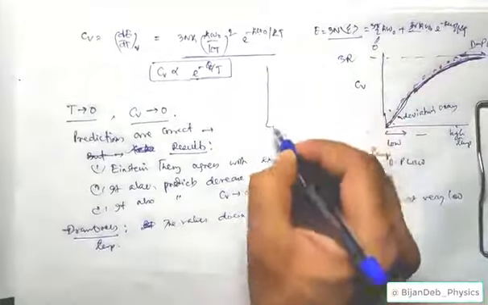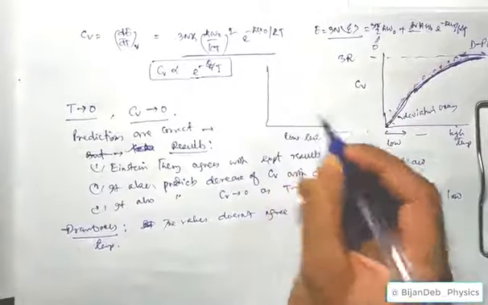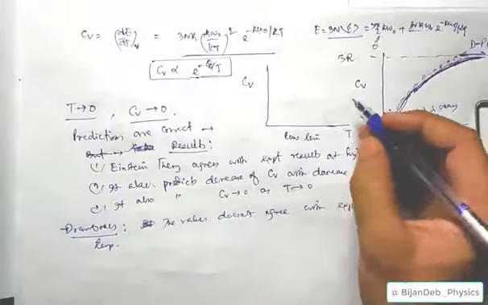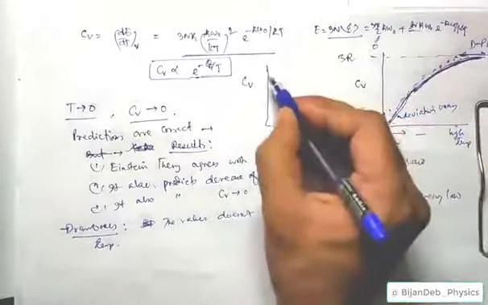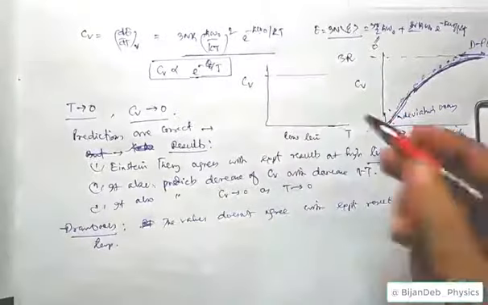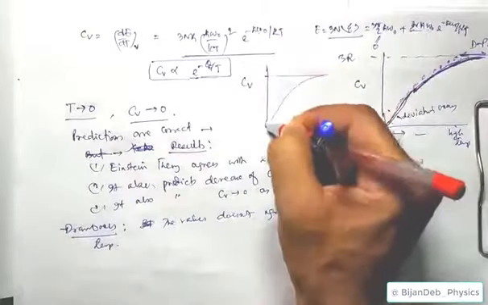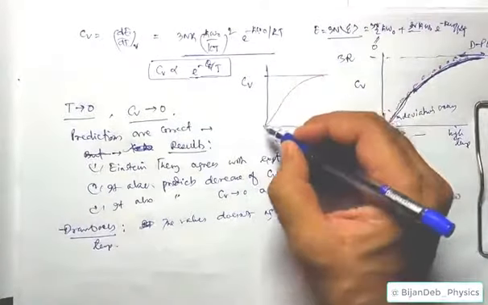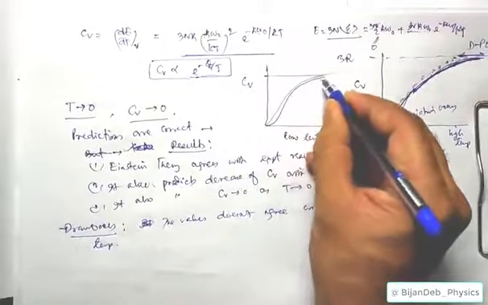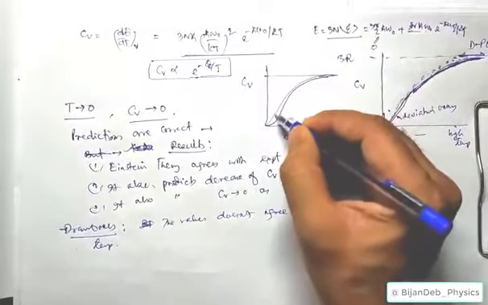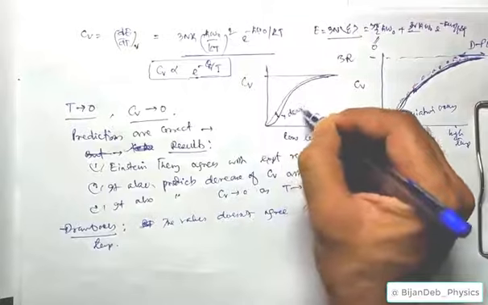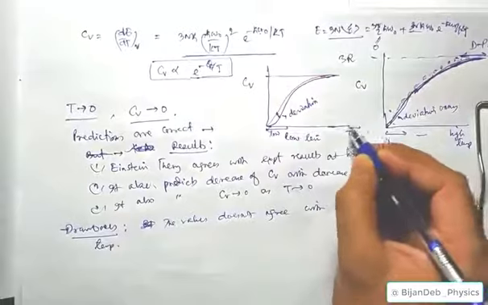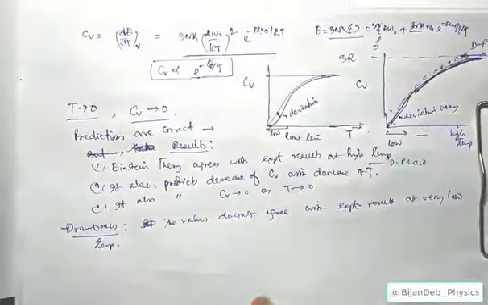So if you take the low temperature zone and write Cv here and T here, suppose you have this as the experimental curve. So Einstein theory fails, and here the deviation occurs. Einstein theory fails in the low temperature region where it deviates strongly from the experimental curve.